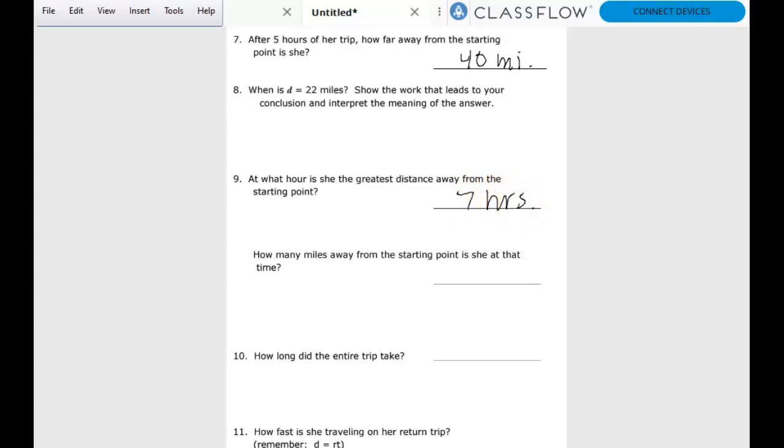How many miles away from the starting point is she at that time? 60 miles. How long did the entire trip take? 12 hours. How fast is she traveling on her return trip? Very good. 12 miles an hour.